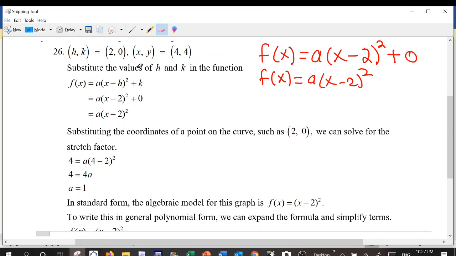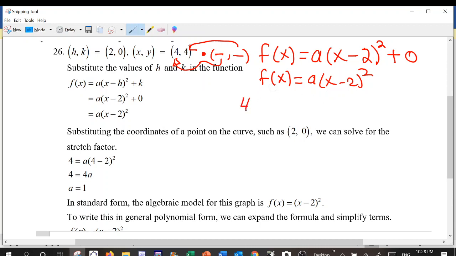But we know a point on the graph. What does that mean? It means that there is a point on the graph where the x coordinate is 4 and the y coordinate of the point is 4. So that means whenever x is 4, f of x is 4.